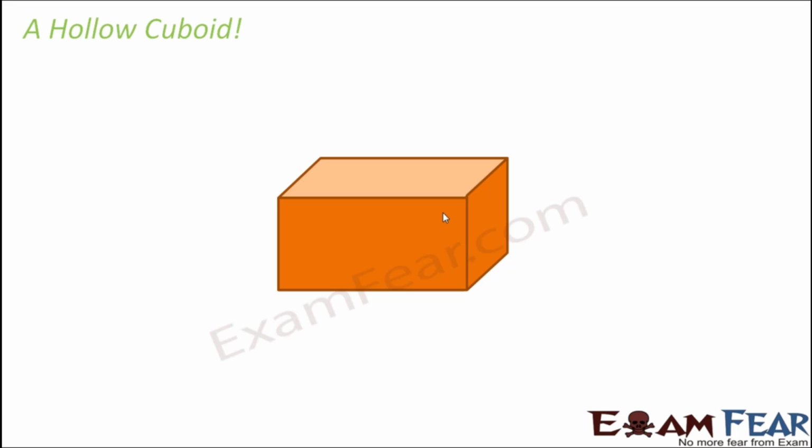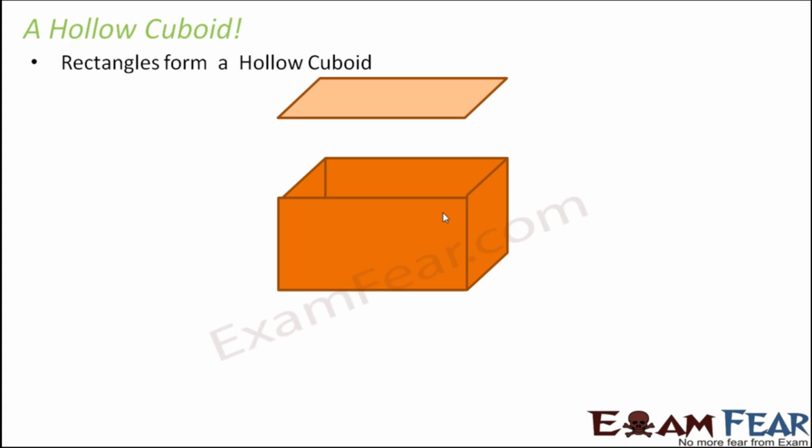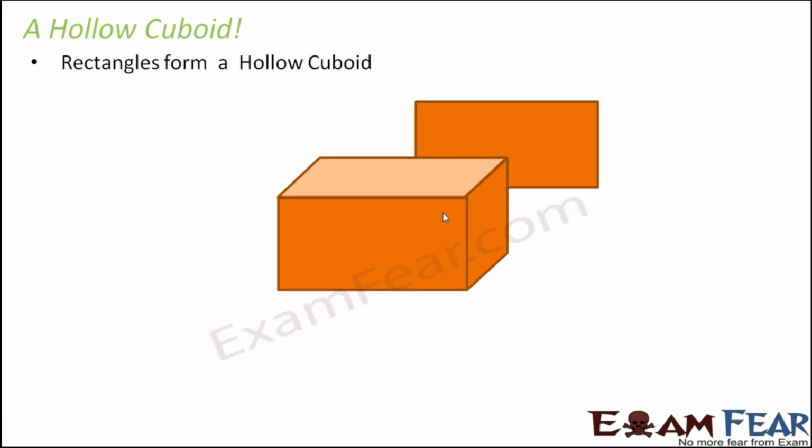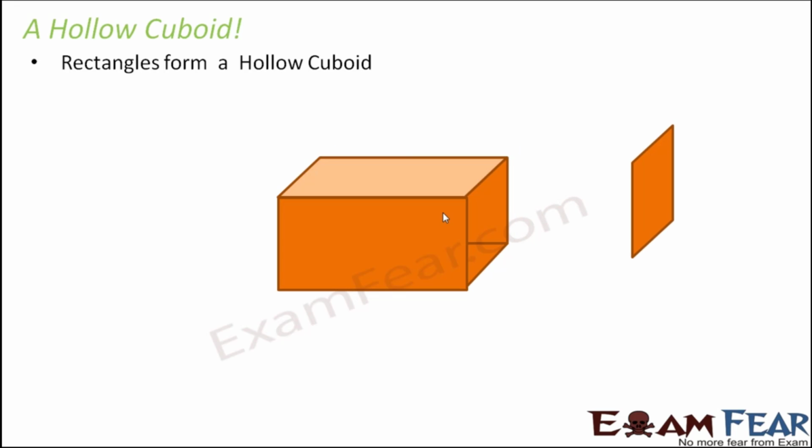In a similar way, that was an example of a solid cuboid, where it is not hollow from inside. You have something inside. Everywhere you have one rectangle, and so many rectangles formed a cuboid. You can even make a hollow cuboid using rectangles. Let's look at this example. How do rectangles form a hollow cuboid? This is how a cuboid looks, a matchbox. This is one face, which is a rectangle. This is the bottom face, again a rectangle. This is the back face, again a rectangle.